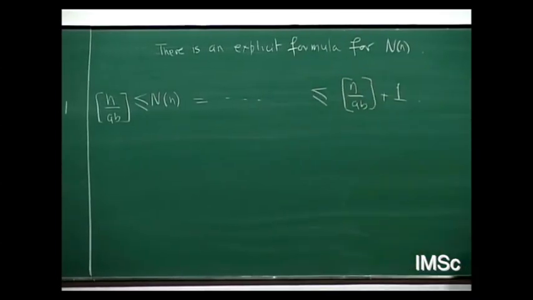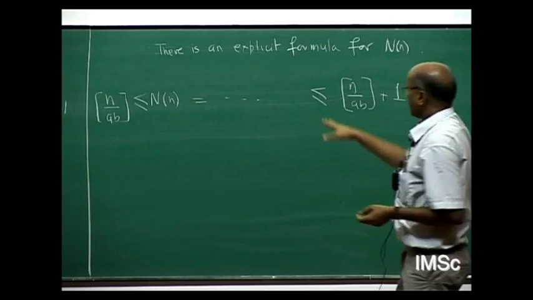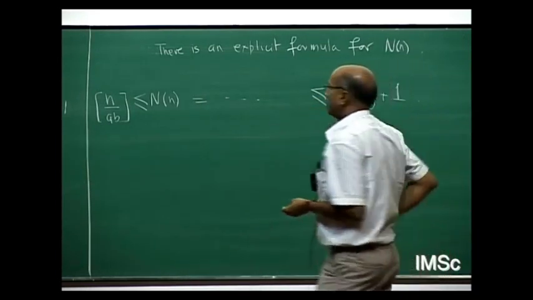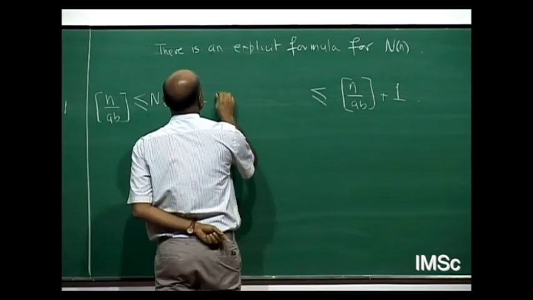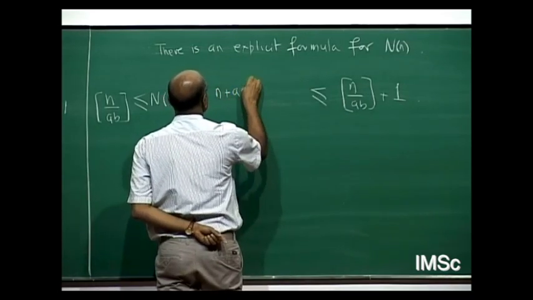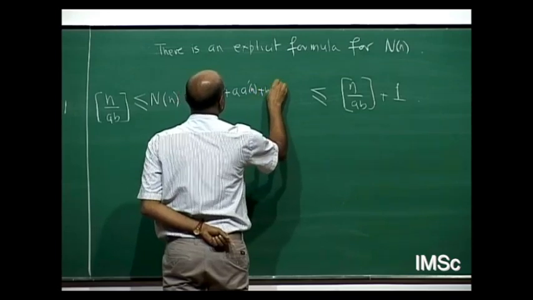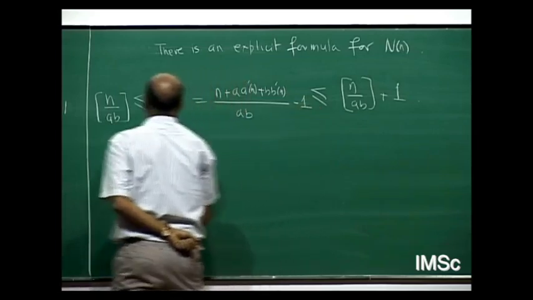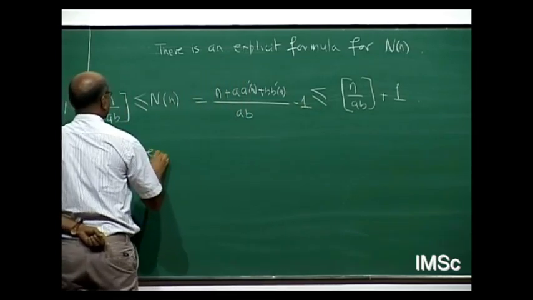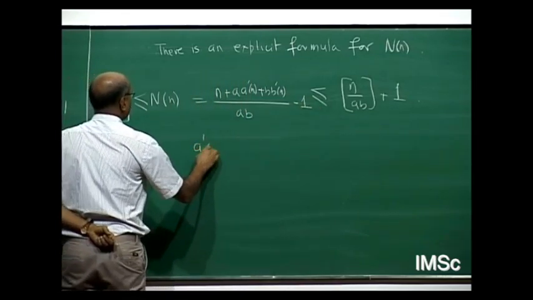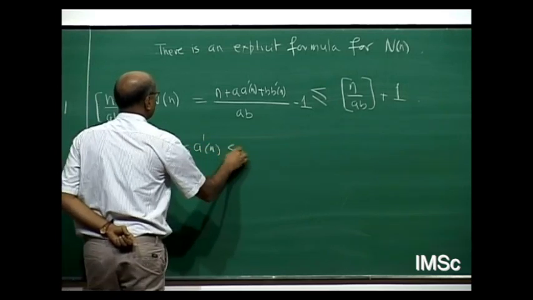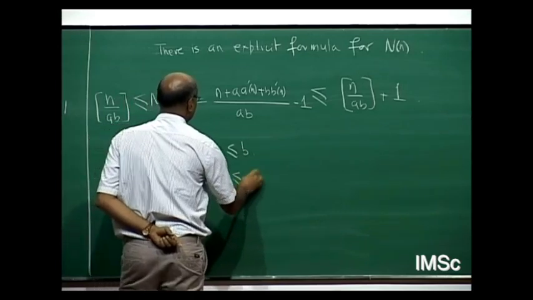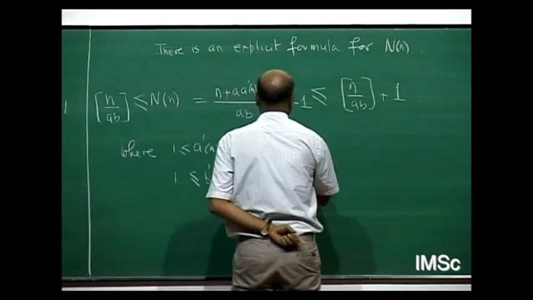So the difficulty in the answer is only whether it is 1 or the next one, and the answer is that it is (n plus a'n plus b'n) upon ab minus 1, where a'n is between 1 and b, and similarly b'n is between 1 and a.